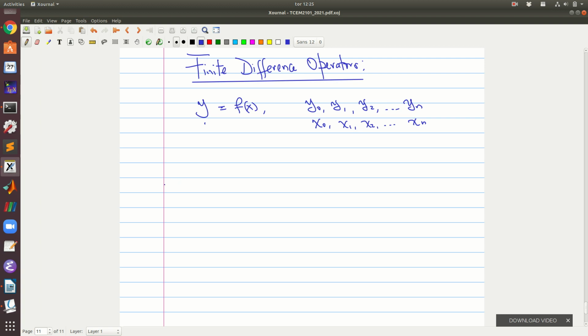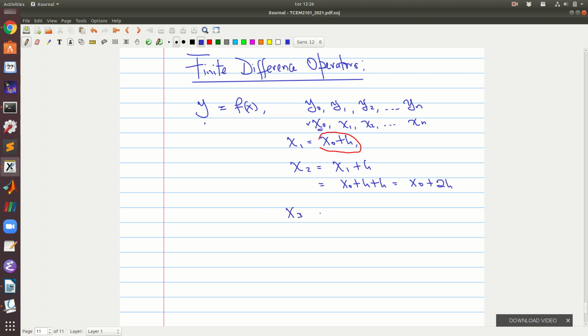We'll assume that x0 is known, so we'll define x1 to be equal to x0 plus h, and x2 to be equal to x1 plus h, but we already know x1 is x0 plus h, so this is going to be x0 plus h plus h, which is x0 plus 2h.